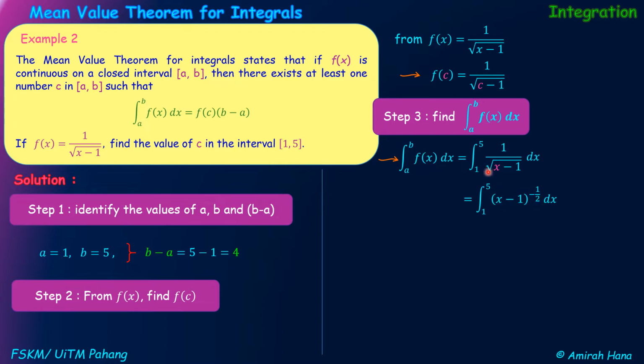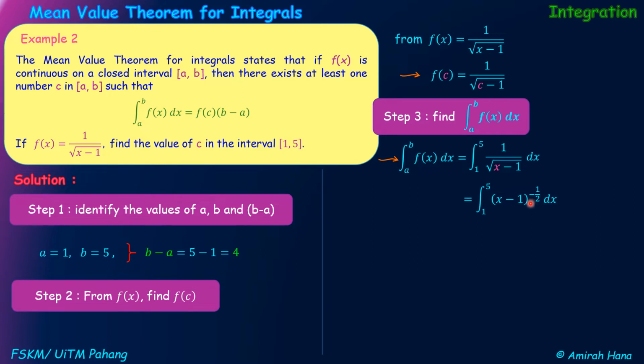The negative half here comes from the square root of x minus 1 in the denominator, which means (x minus 1) to the power of positive half in the denominator. Under properties of indices, we can move it up, but the exponent should be negative when we move up.